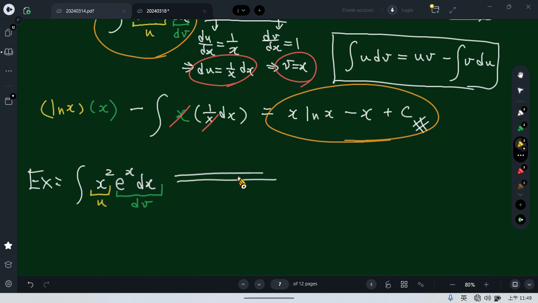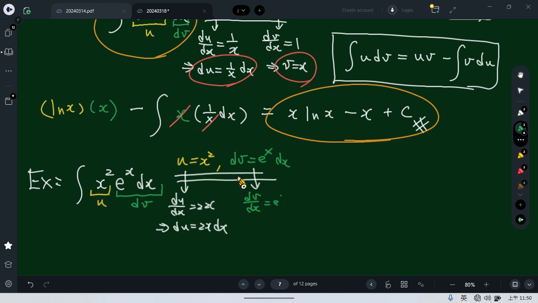Then we will say u is equal to x squared. Then also we have dv is equal to the exponential function times dx. Based on this, we can quickly get du over dx is 2x. Then we have du is equal to 2x times dx, right? Then for this part, we have dv over dx is e to the x.